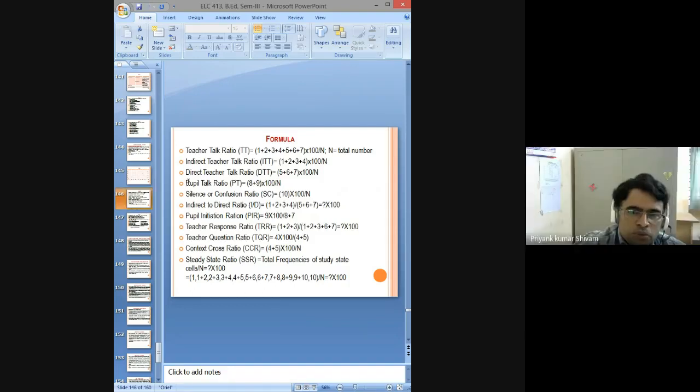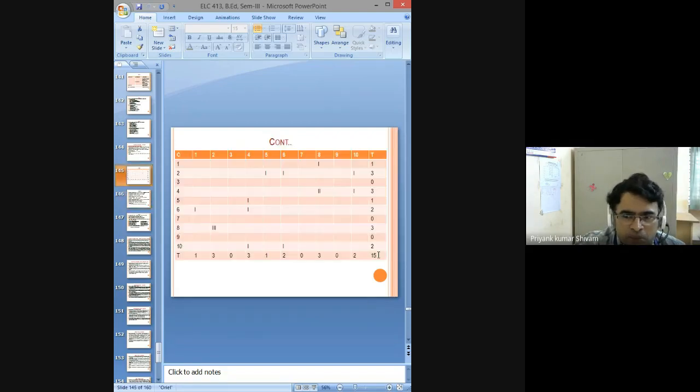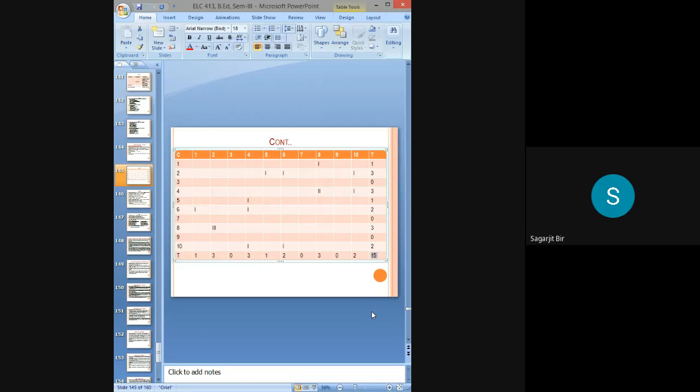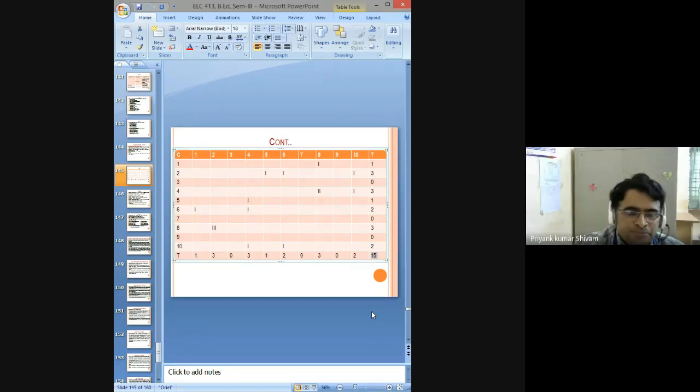Good. So you have to divide the value by n. What is n? I already told you, n is the total number, which is 15. So write 15, divided by 15. Written.